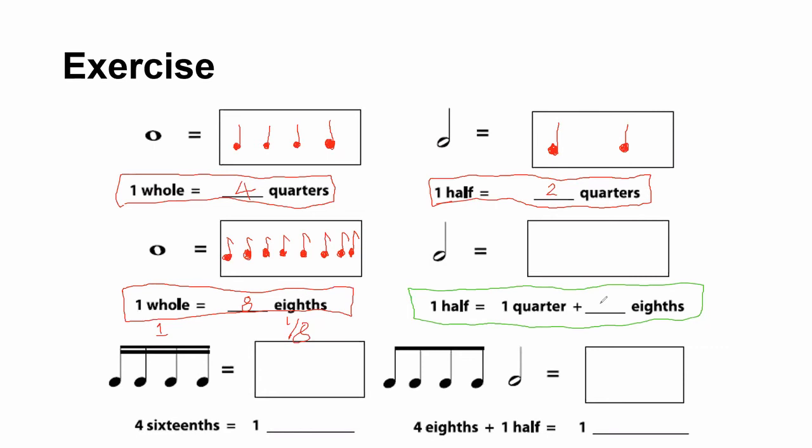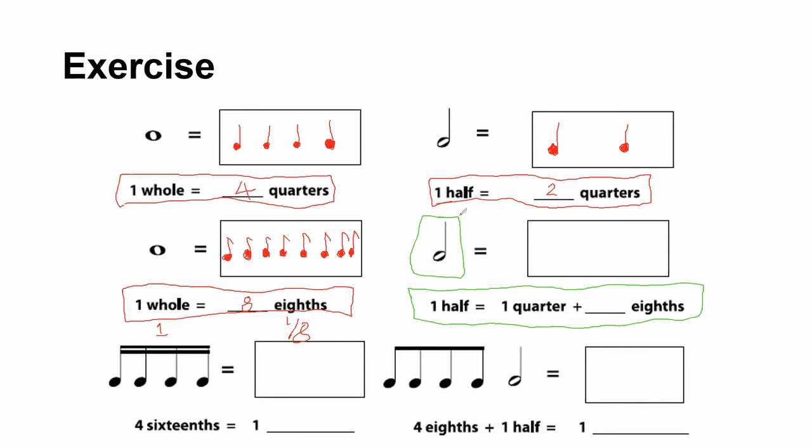Okay, let me explain it this way. This is the half note, right? You want to split it into 1 quarter and a number of eighths, but you don't know how many eighths. Let's break this down step by step. You have a half note.